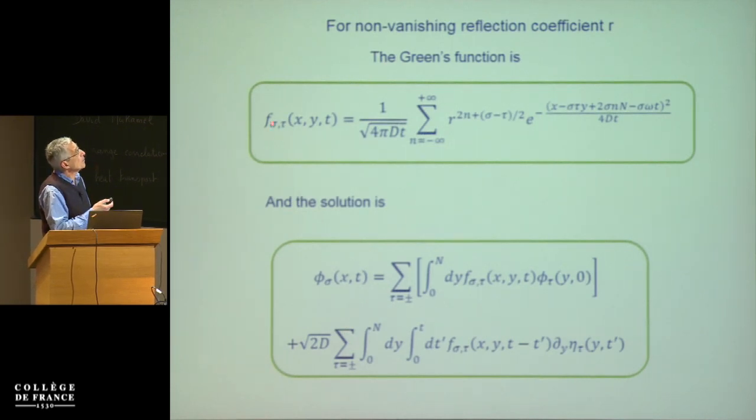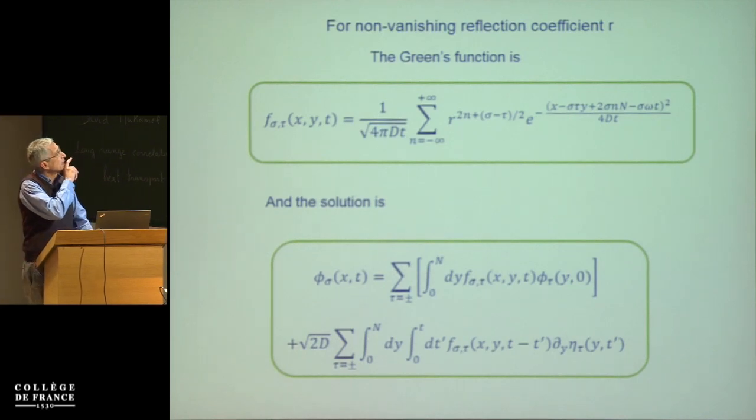So this is the Green's function for, say, you give a kick at x, generating sigma plus, and you generate a kick at y at a later time t with tau. Okay, so basically you have to do that.